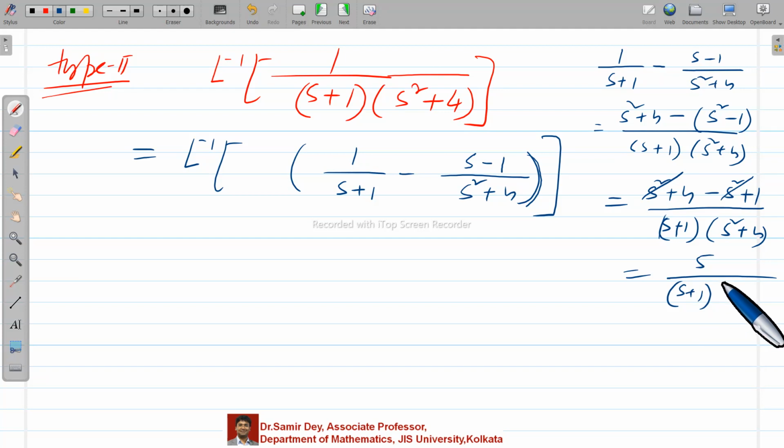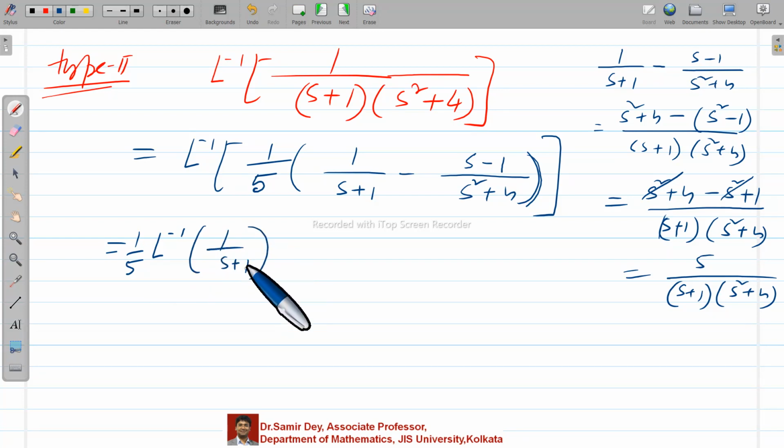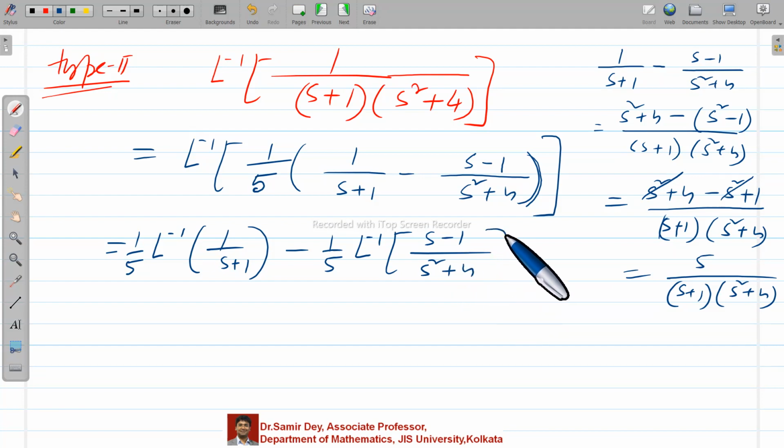So ultimately you have s square plus 4; this is extra, so balance it with 1 by 5. Clear? Now separate this, already you know. So L inverse of 1 by 5 into 1 by s plus 1, minus 1 by 5 L inverse of s minus 1 by s square plus 4.